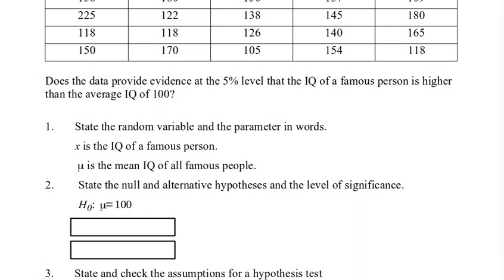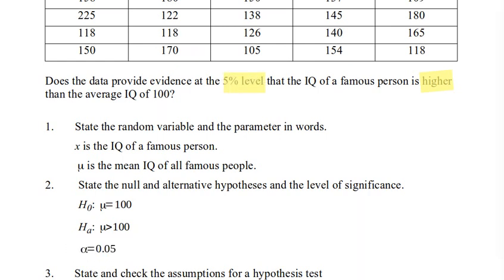The alternative hypothesis is based on the question, does the data provide evidence that the IQ of a famous person is higher than the average IQ? So our alternative hypothesis is that the mean IQ of famous people is actually greater than 100. We're also told that alpha, our level of significance, is 5%.